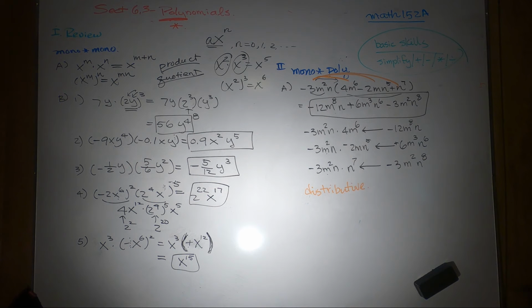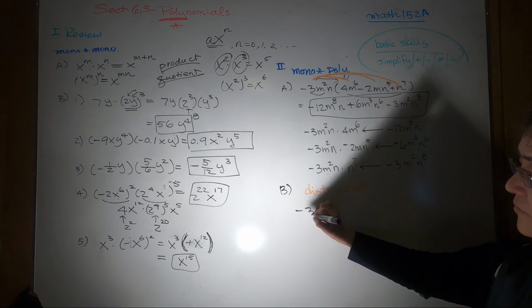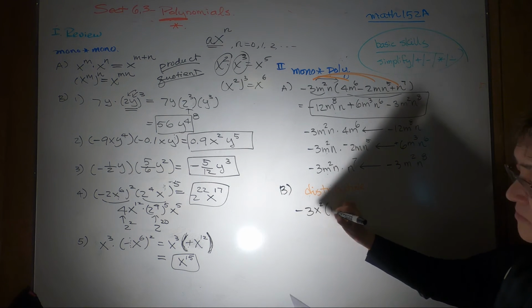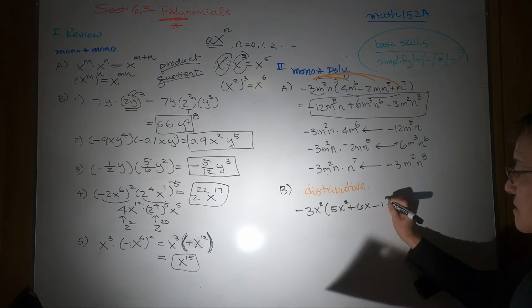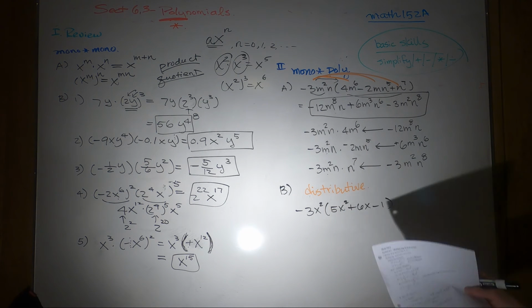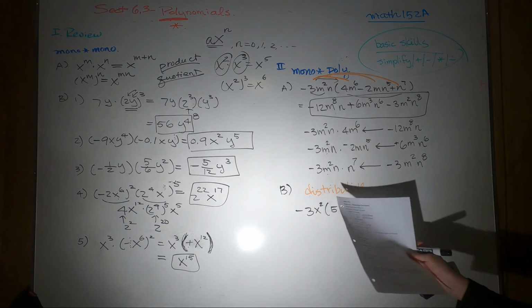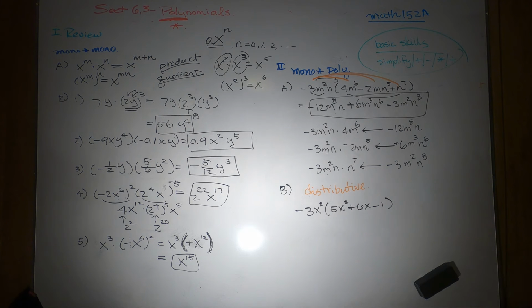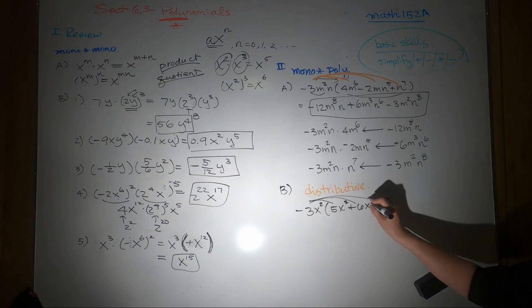Okay, if we have this one, negative 3x squared times 5x squared plus 6x minus 1, same thing. One term, right? One term times how many terms? 3. 1 times 3, you should have 3 terms. Okay, then we distribute individually, right?